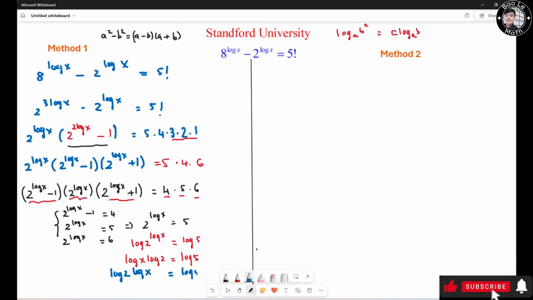And then I can bring the exponent back, so it turns out to be log of s to the power log 2 equals log 5.